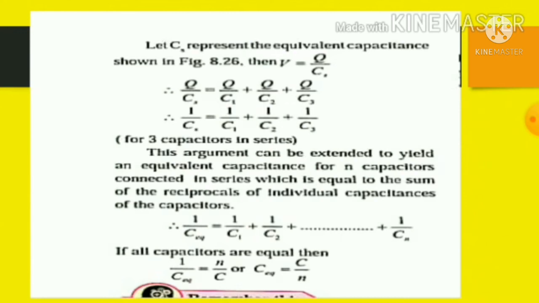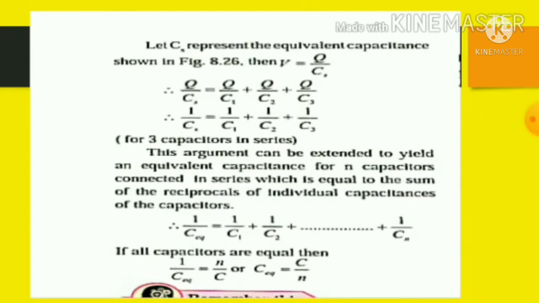So we can write only, therefore, 1 upon CS equal to 1 upon C1 plus 1 upon C2 plus 1 upon C3. Here the numerator Q on the left side is cancelled with the common term Q on the right side.